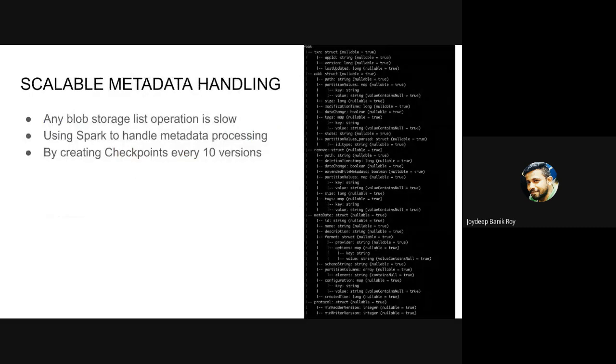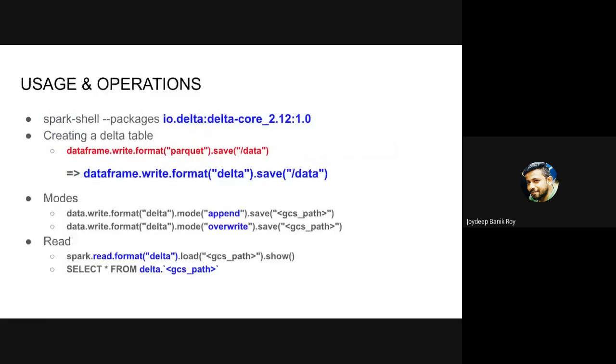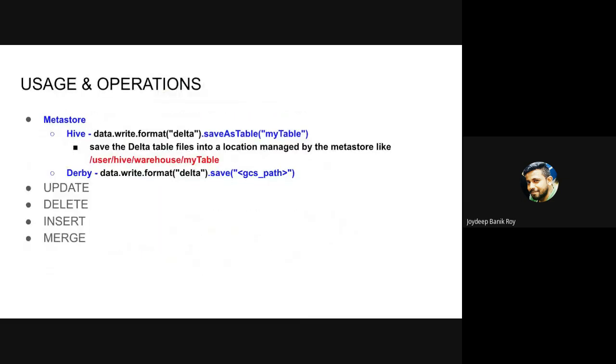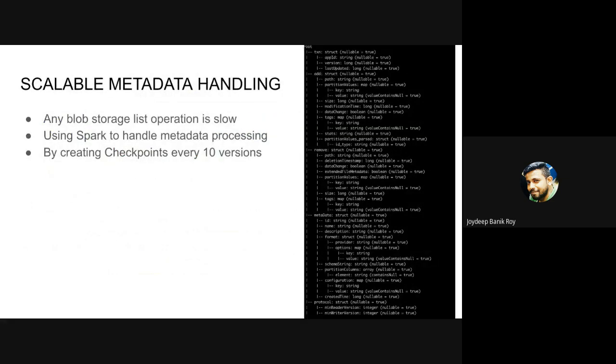Okay, moving on. I spoke about scalable metadata handling in this slide, the fourth point here, so I just wanted to touch upon that. Delta Lake, as I said, is a storage format which equals your Apache Parquet files plus your metadata.